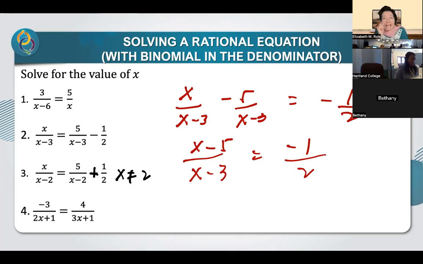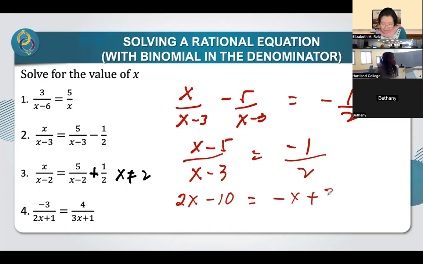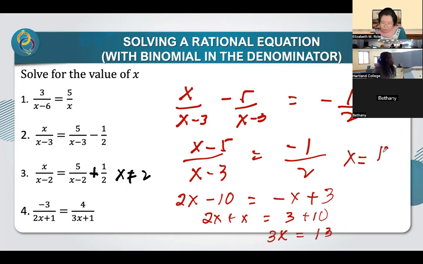So 2x minus 10 is equal to minus x plus 3, so that 2x plus x is equal to 3 plus 10. Therefore, 3x is equal to 13. x is equal to 13 over 3.